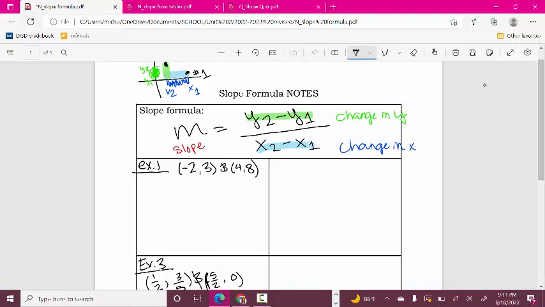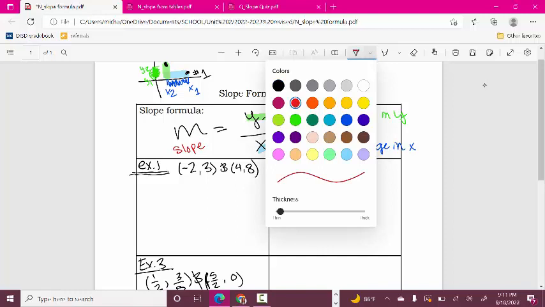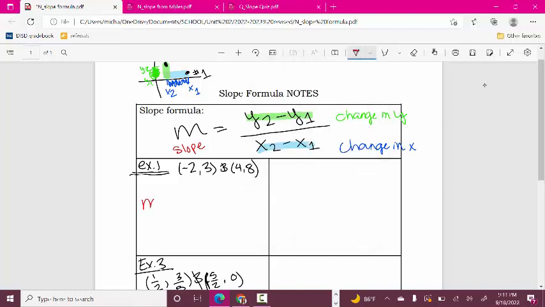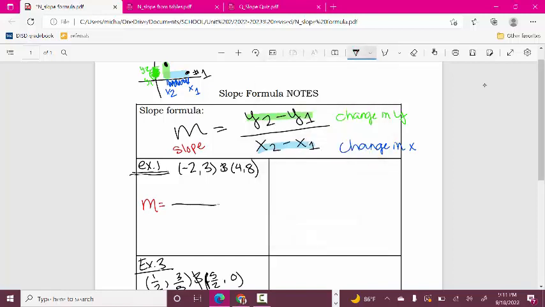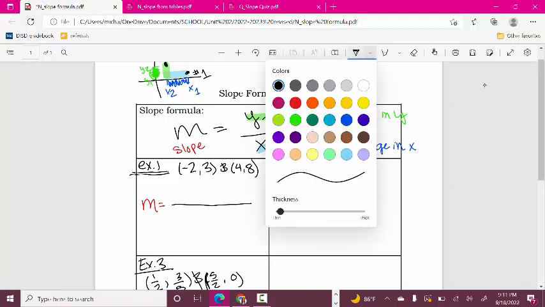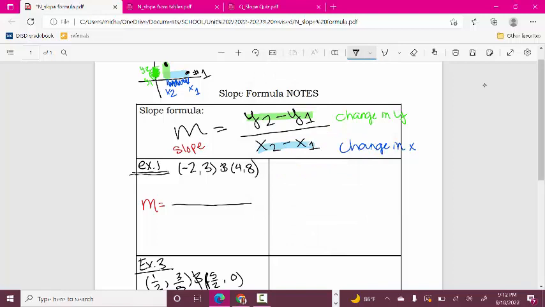So back to our example number 1. We want to find the slope, which is m. I'm going to say m equals, and then I know I have this fraction with all this y2, y1, x2, x1 stuff. So we talked about this in the beginning of the year. You can think of the y and the x as their first names, and because there's two separate y's, we've given them these little last names to help us differentiate which one is which.